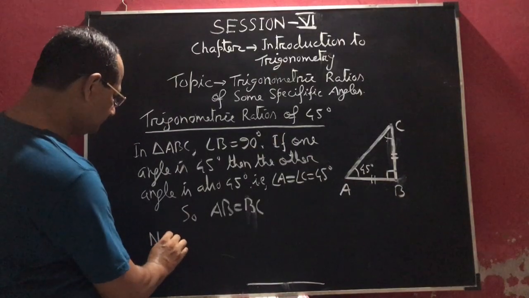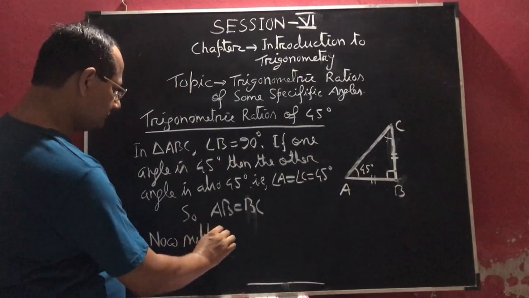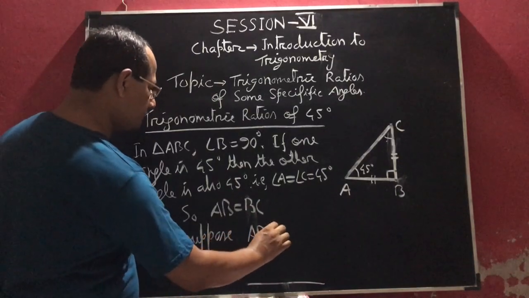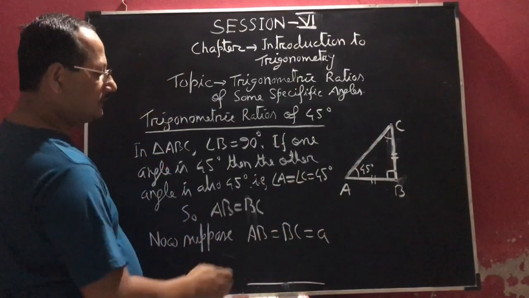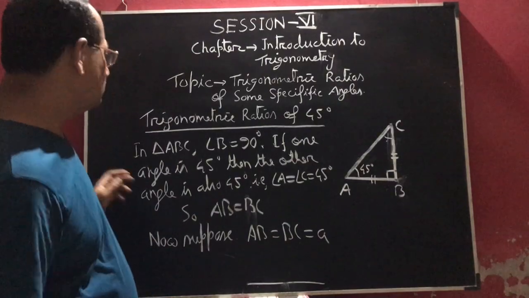Now suppose AB equal to BC equal to small a.